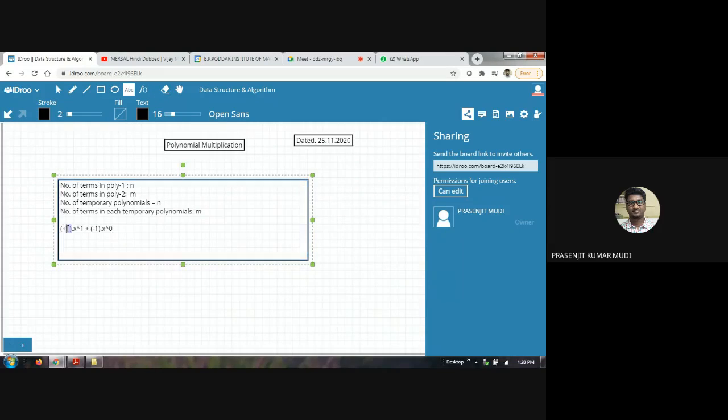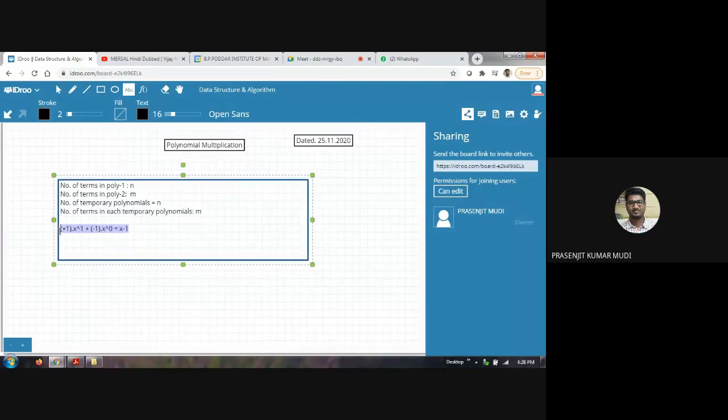So the user is supposed to provide plus 1 and plus 1. Next, of course, powers are non-negative integers. Then the user will provide minus 1 coefficient and 0 exponent. And these 2 terms are added. So this is a plus. This is how you can construct the polynomial x minus 1, right?